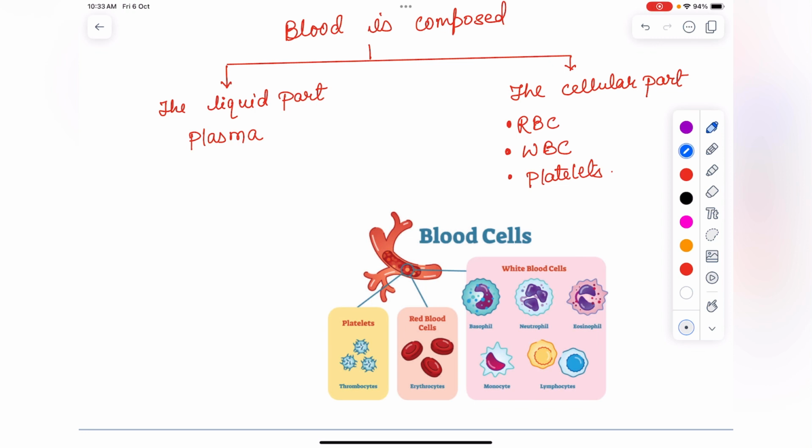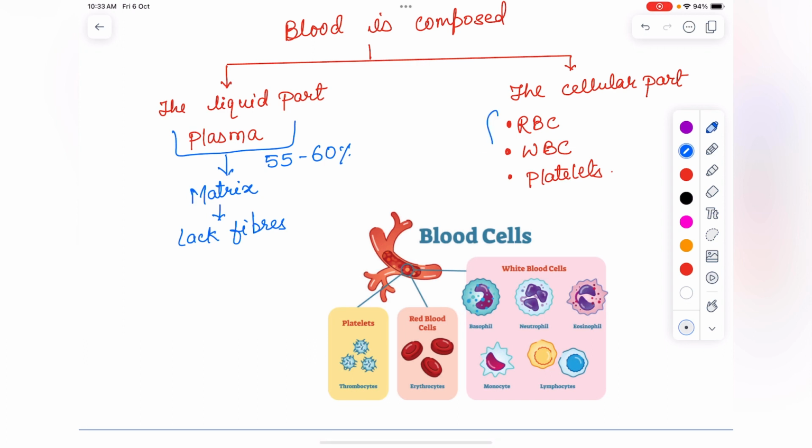This plasma is a matrix, and this matrix lacks fibers. About 55 to 60% of the blood is plasma, and this cellular part is 40 to 45%. RBC is also called erythrocyte, WBC is called leukocytes, and platelets are called thrombocytes.